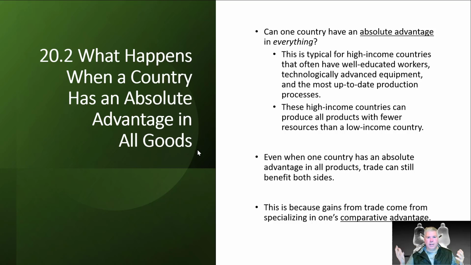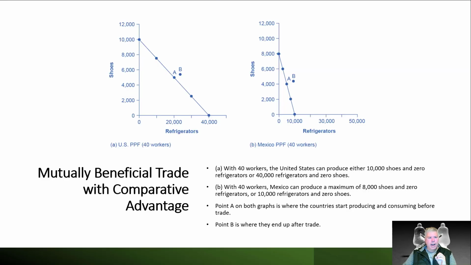The United States can produce most things with less human resources, for instance, than a country like India or China, where labor costs are perhaps lower and automation is not as advanced. So even when one country has an absolute advantage in all products, trade can still benefit both sides, because trade can come from specializing in one's comparative advantage instead.